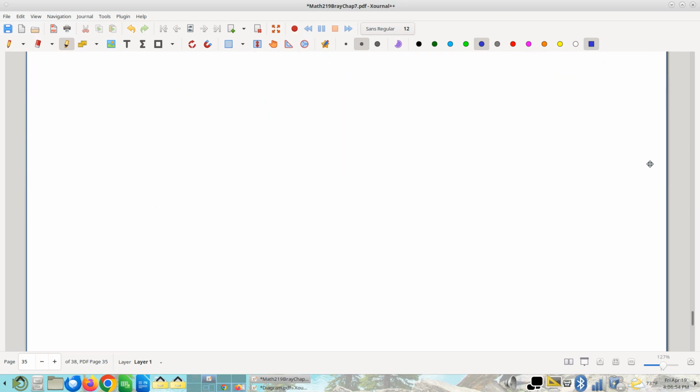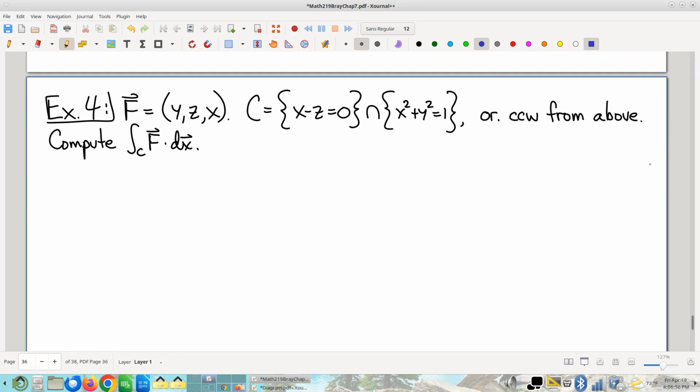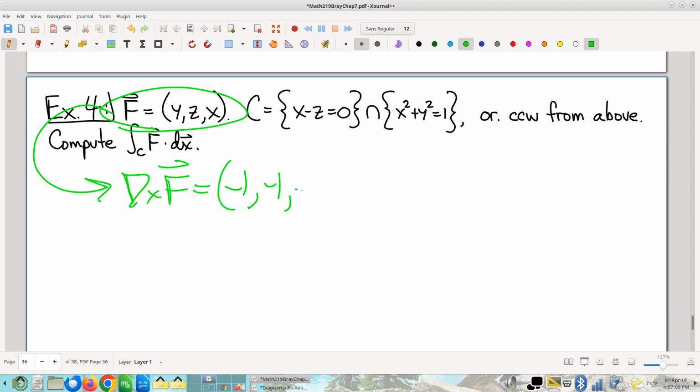Okay, next one. This will be the last one we have any time to do. It's pretty similar. We have a vector field for which we've already computed the curl. It's the same one as the previous exercise, so that's that. Now we have a curve which looks, again, pretty similar.